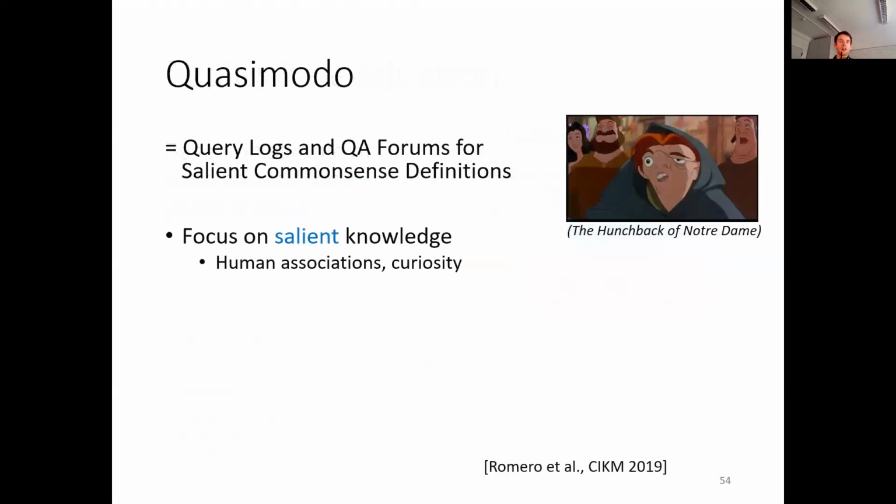Okay, with that, let me move on to the next project, Quasimodo. Again, quite a different focus. So the title stands for Query Logs and QA Forums for Salient Common Sense Definitions. So the focus here is on salient knowledge. So not just knowledge that is true, but also knowledge that humans find interesting, that raises their curiosity.